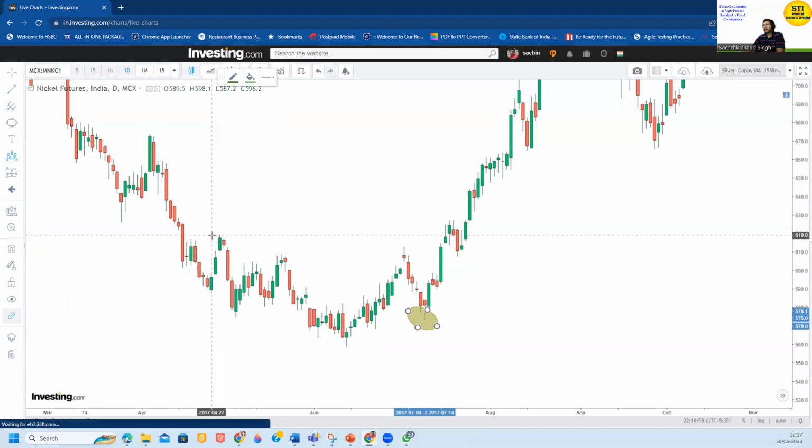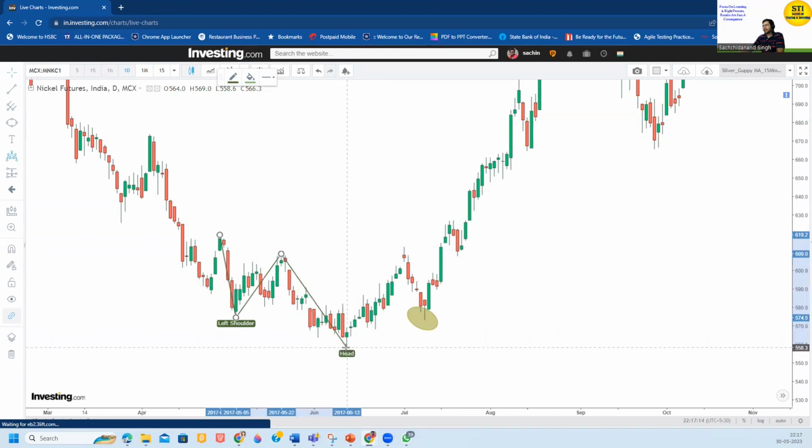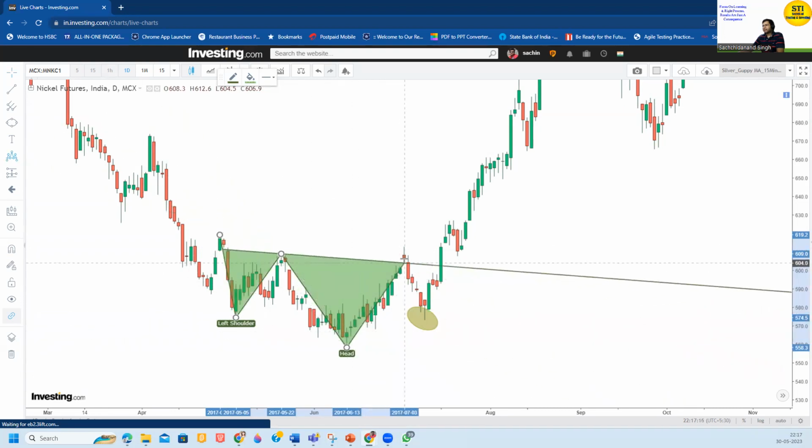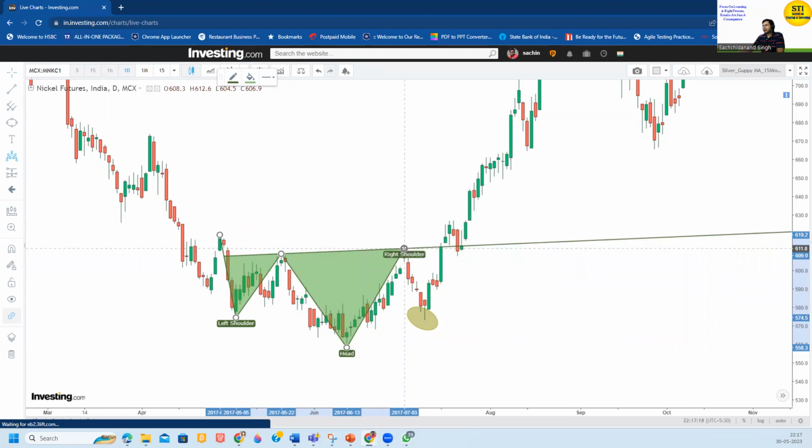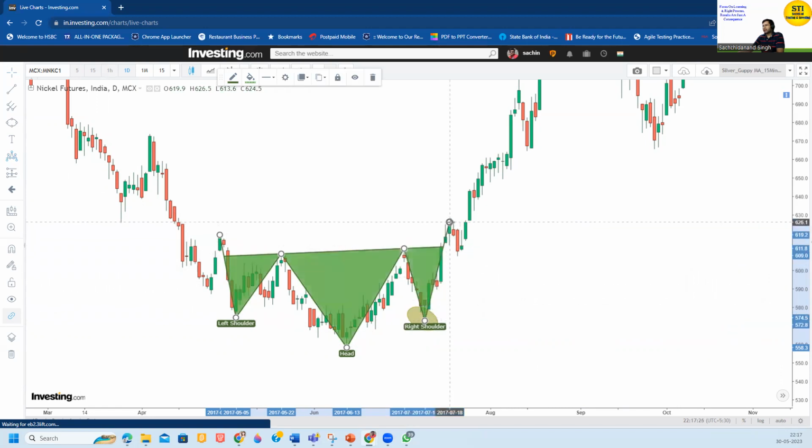So I'll start where the formation of the left shoulder is happening. The first click should be there, then the bottom of the left shoulder, then the head, and again the first right shoulder point, the bottom of that, then the top of the shoulder, and then the bottom of the shoulder, maybe somewhere here.